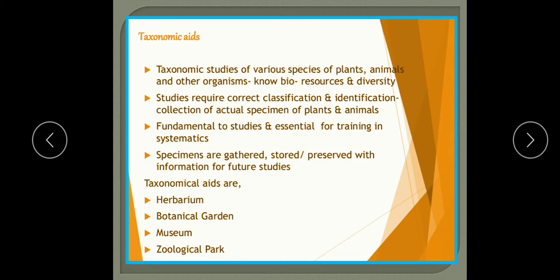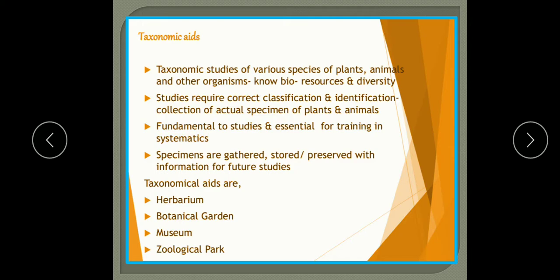The identification of an organism can be done only in its natural habitat, which is not always possible for everybody. Therefore some tools and techniques have been developed to collect and preserve specimen samples of organisms at a place where they are easily available for the purpose of study and reference.